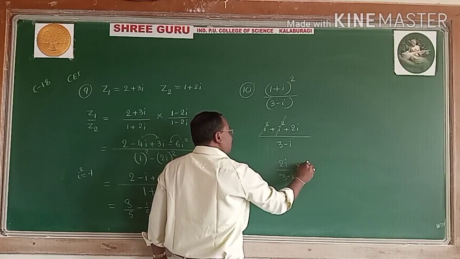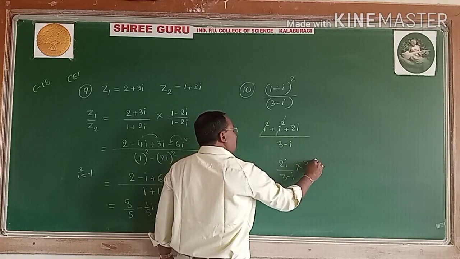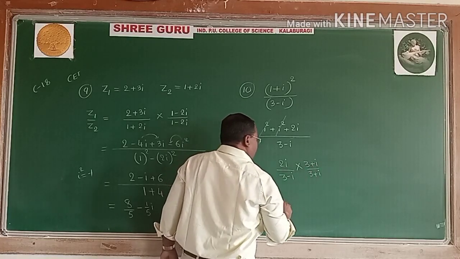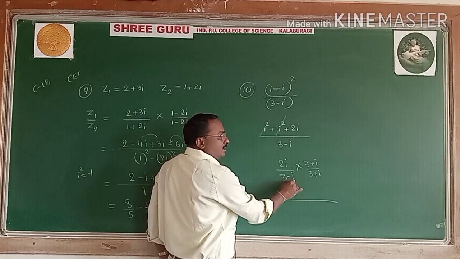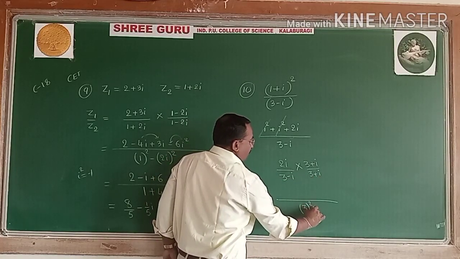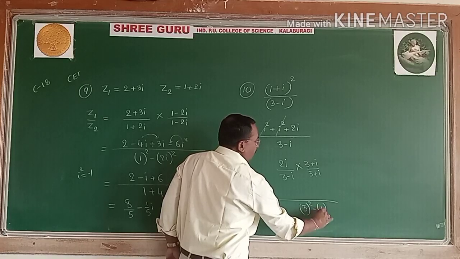Division of complex numbers: rationalize by multiplying by 3 plus i over 3 plus i. Denominator: a plus b, a minus b, a square minus b square.